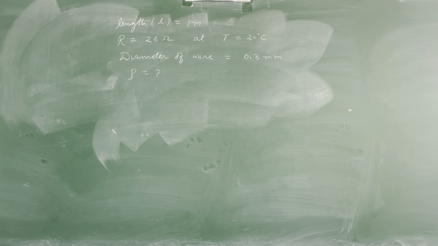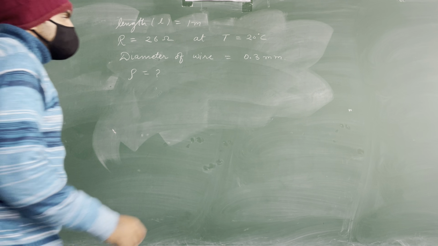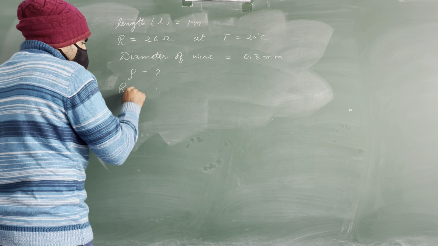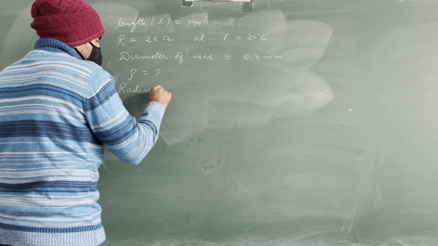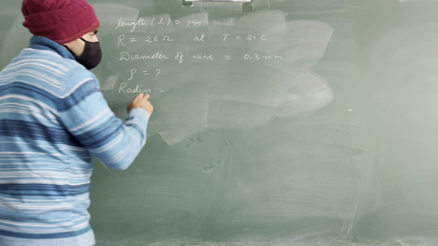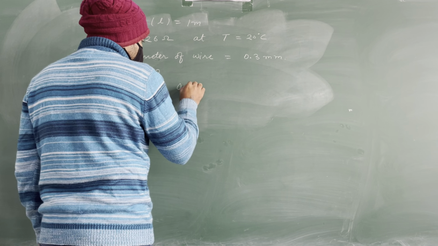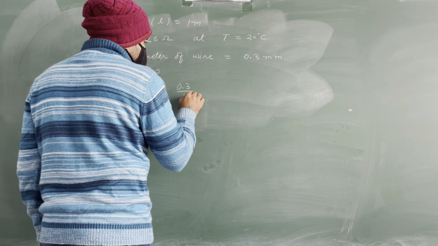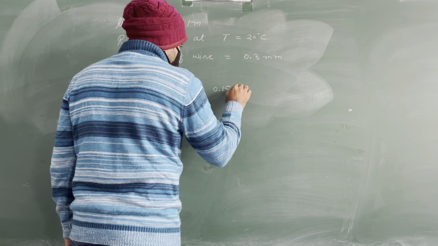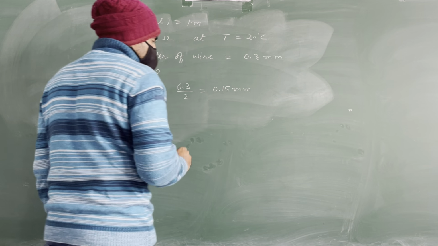Firstly, we have to find out the area. Now, what is the radius of the wire? It will be 0.3 divided by 2 is equal to 0.15 millimeter.